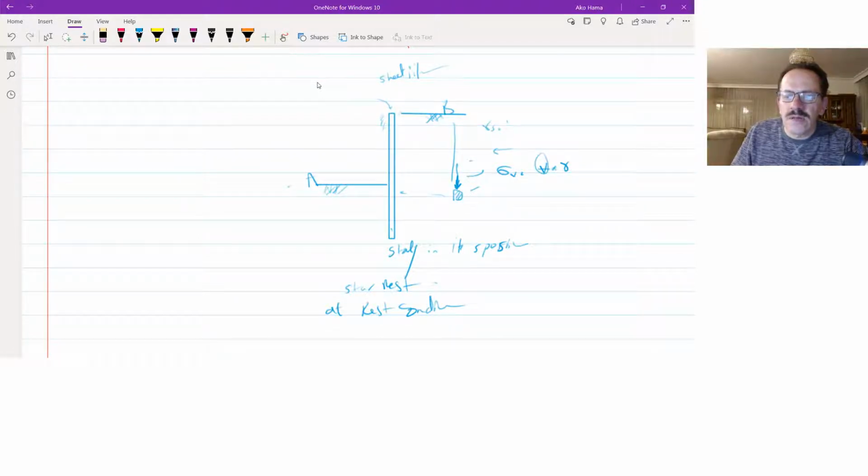Now what is the volume of the column? It is the volume of the column of soil that affects the surface of this element, which is, let me say, at depth Z.